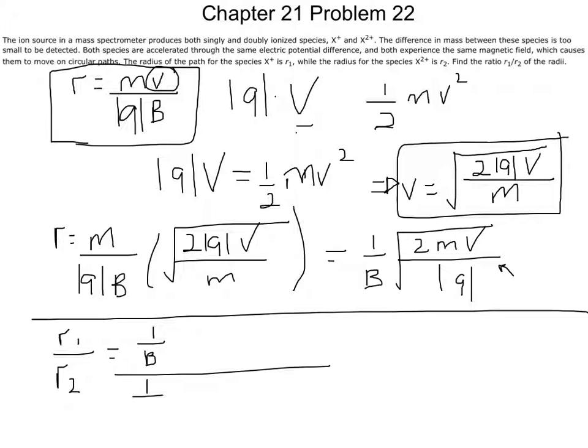Everything is pretty much going to stay the same up until you get to the charge, because in the beginning they said the mass spectrometer produces both singly and doubly ionized species. So one of them, which will be R2, will be doubled.